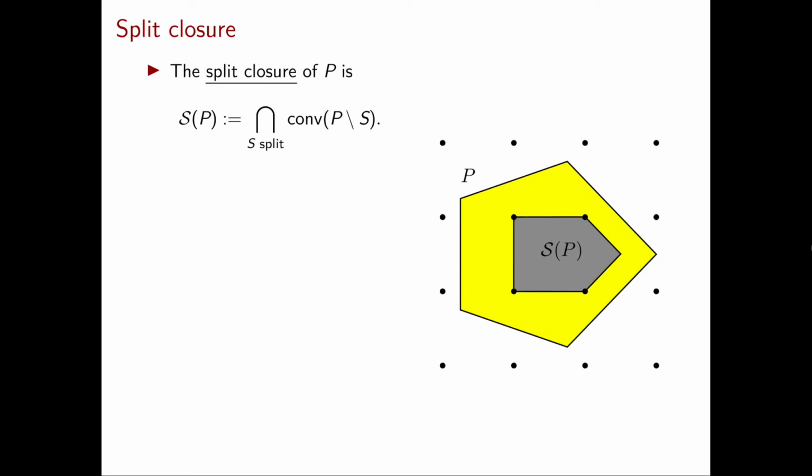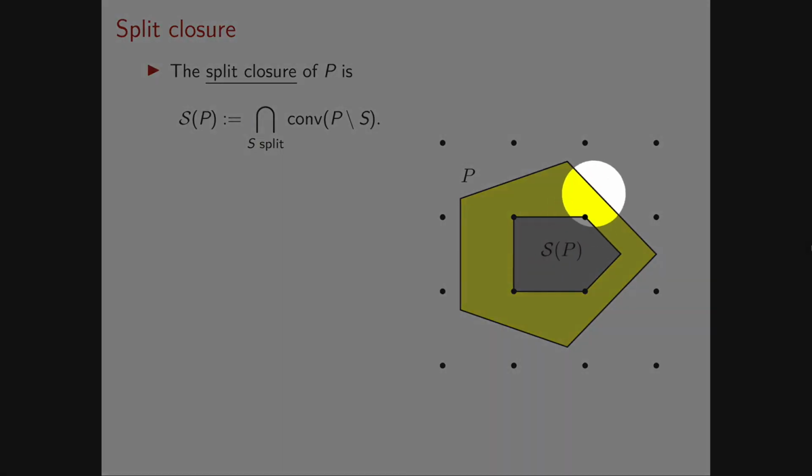Now, one question that you might have is, well, why am I not taking this vertical split here? It seems like maybe it will be able to chop off this triangle and will allow us to obtain as the closure exactly the mixed integer hull, which is this square here in the middle.